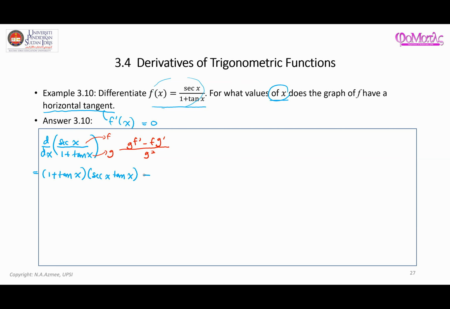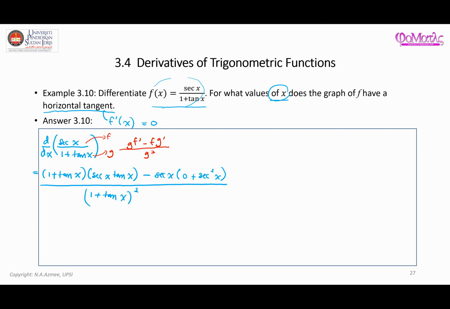Next, minus f, which is secant of x, times the derivative of g. If you differentiate the constant you will get 0, plus if you differentiate tangent of x you will get secant squared x. This is over 1 plus tangent of x squared.